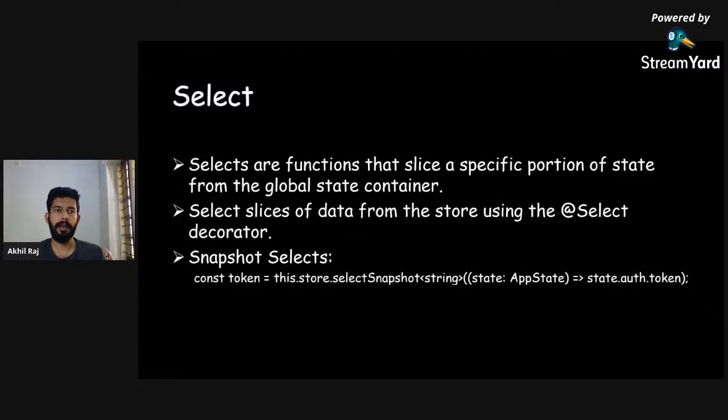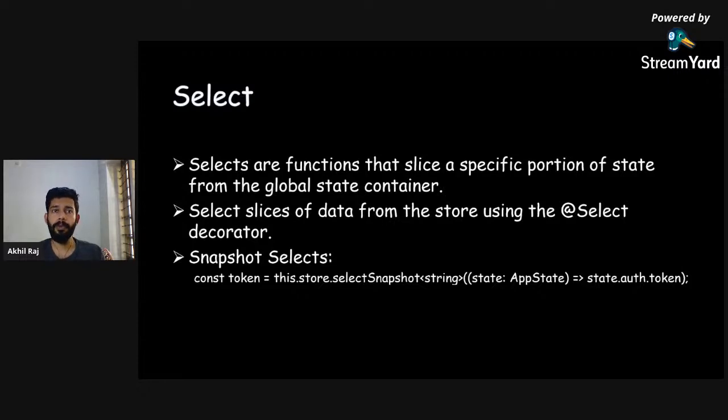I already shared an example like const token equal to this.store.selectSnapshot. That selectSnapshot will help to read a static value from that state. We can easily read the state.auth.token value without an observable variable. So it is very helpful.